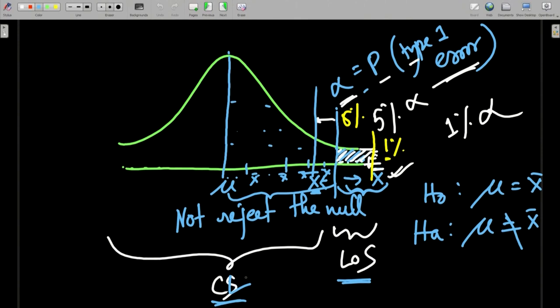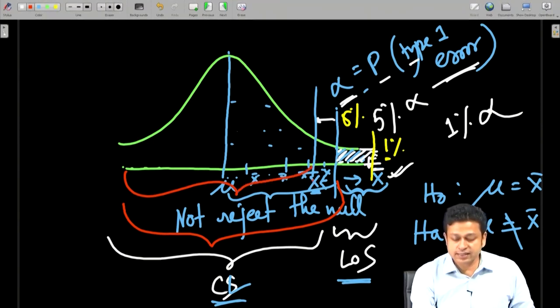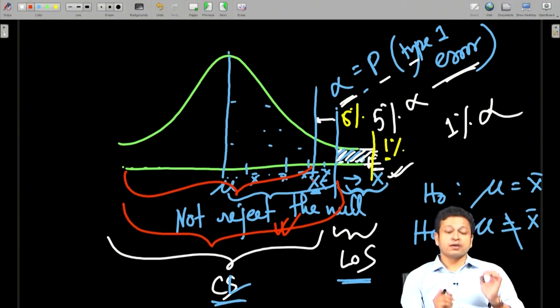If I allow more room here, it's a bit dirty, let me use a different color, a red color. If I allow this room here and then this room here, I am allowing more room.